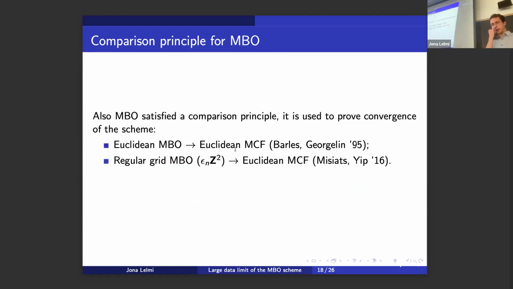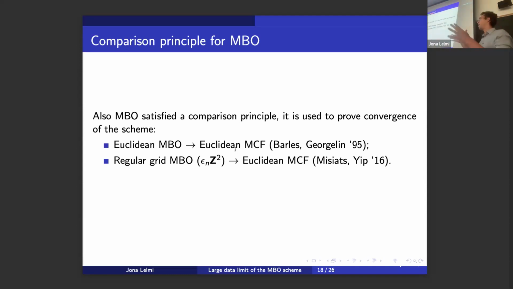So just a brief comparison with what is known in the literature. The convergence of the MBO scheme in the classical Euclidean setting was studied by Barles and Georgelin in this viscosity solution setting in '95, and then the only result for the graph MBO scheme is by Van Gennip and Yip in 2016, but just on regular grids.